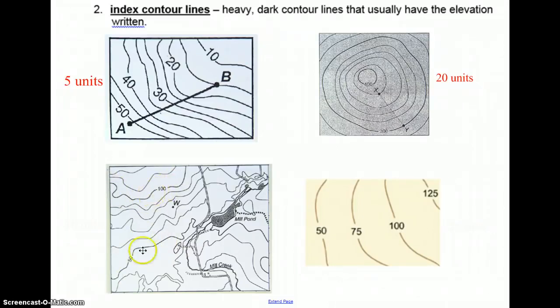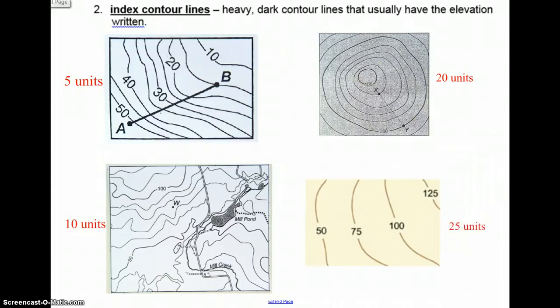So again, it goes from 50 to 100, which is a difference of 50, and it's going 5 lines between them. So 50 divided by 5 is 10. And then on the last map, this one's pretty easy to figure out. We're counting by 25s. So our contour interval would be 25, whatever unit is being used.